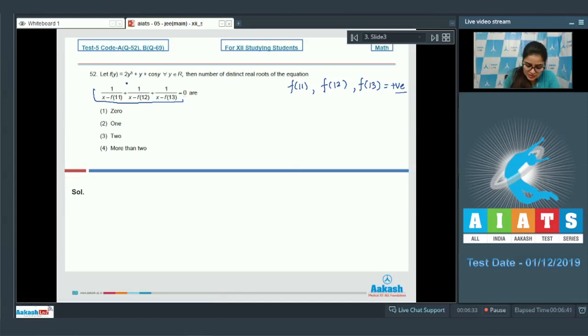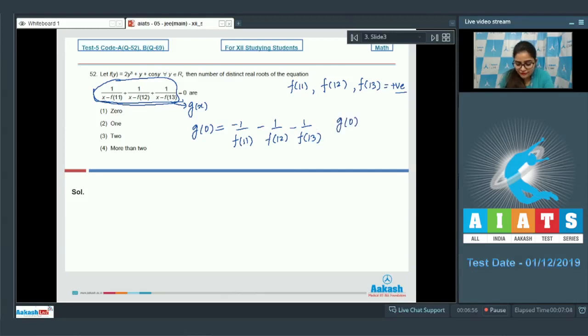Just assume this as g(x). If you find the value of g(0), it is equal to −1/f(11) − 1/f(12) − 1/f(13). So you can see very clearly g(0) is a negative number.